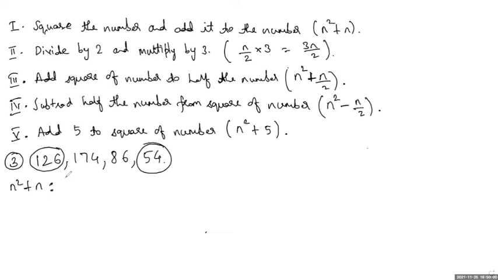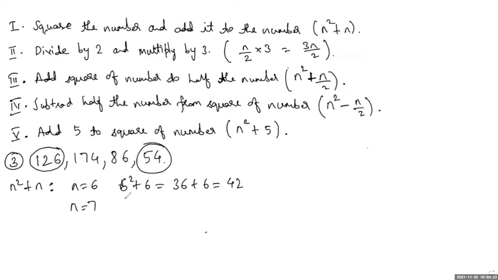In the previous question we did 6 for n is equal to 6. For n is equal to 6, 6 square plus 6. What is 6 square plus 6? 6 square is 36. 36 plus 6 is 42. So here there is 54, so we'll check for one more number.